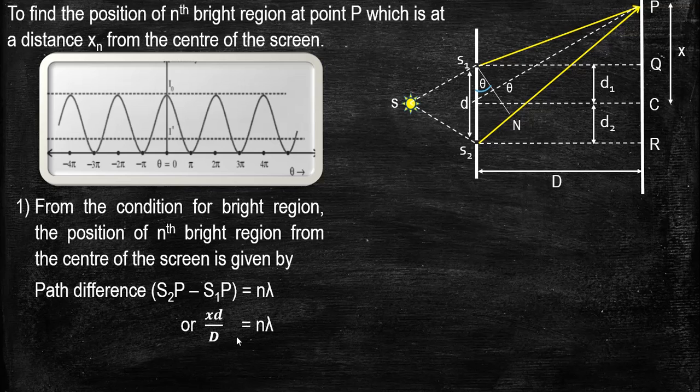According to the previous derivation, the path difference S2P minus S1P equals XD upon D, which equals n lambda. Then this x value is nothing but the distance of any bright region, first, second, third, fourth and so on, from the center of the bright region.